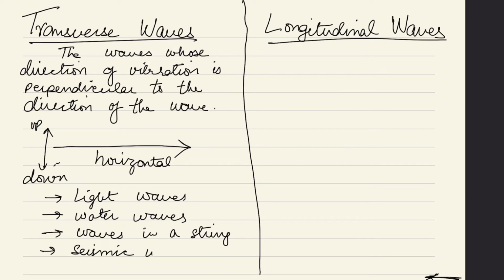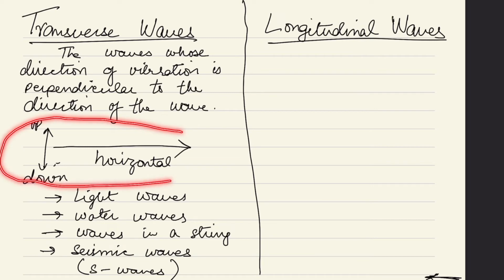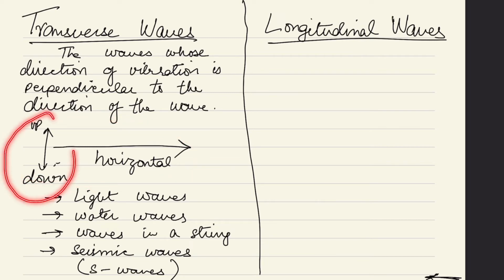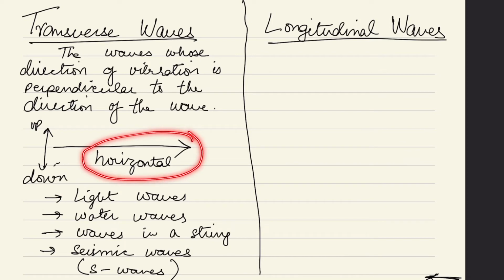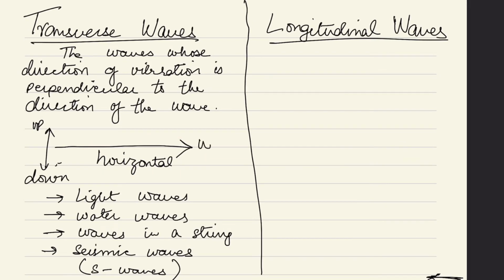Among those two types, the S waves belong to the transverse waves, and the P waves belong to the longitudinal waves. I'll explain. So these are the transverse waves. The most important thing to remember in transverse waves is the direction of the vibration and the direction of the wave. The wave is moving in the horizontal direction and the vibration is up and down. So they are perpendicular to each other, which means it's a transverse wave.